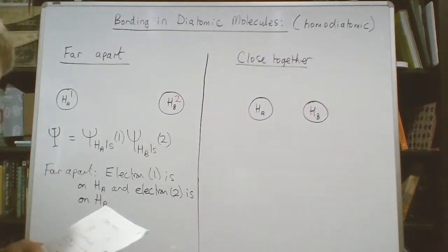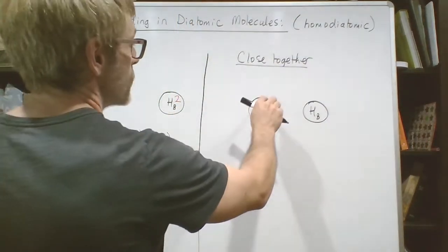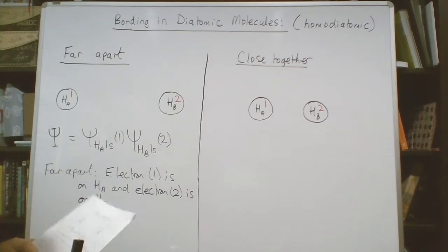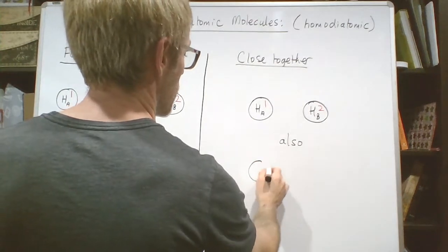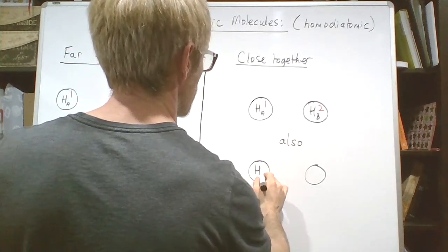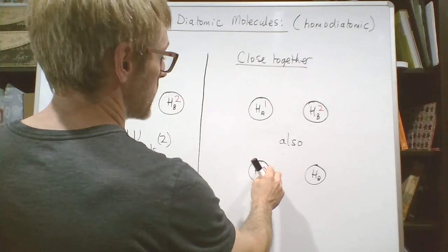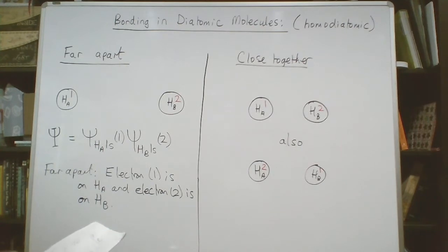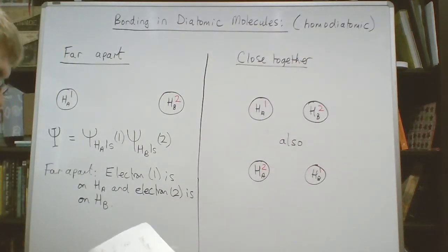When they're physically close together, it's true that electron 1 can be on hydrogen A and electron 2 can be on hydrogen B. But also, if they're close enough together, electron 2 can be on hydrogen A and electron 1 can be on hydrogen B. So it's this shuffling around of the electrons that now becomes possible.